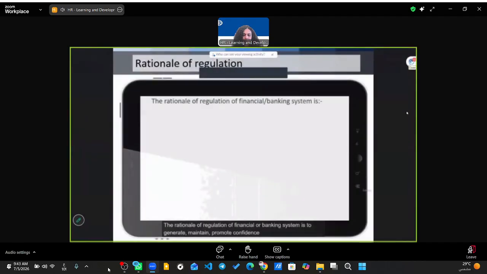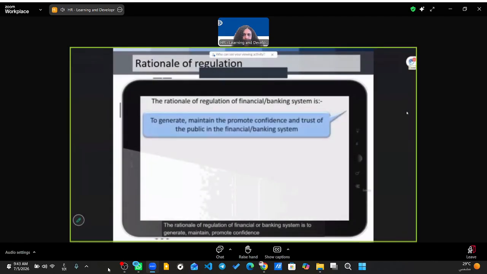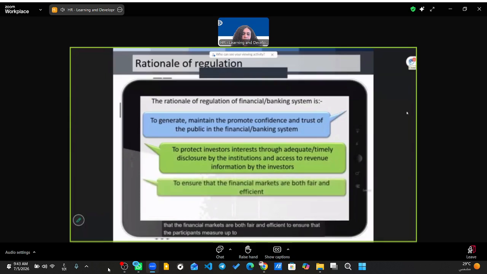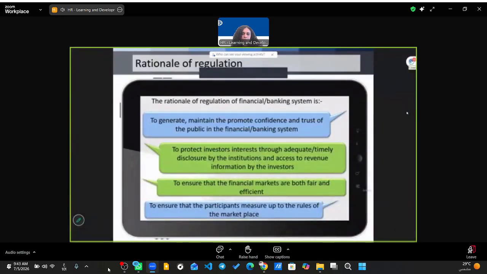The rationale of regulation of the financial or banking system is to generate, maintain, and promote confidence and trust of the public in the financial banking system, to protect investors' interests through adequate and timely disclosure by the institutions and access to relevant information by the investors, to ensure that the financial markets are both fair and efficient, and to ensure that the participants measure up to the rules of the marketplace.